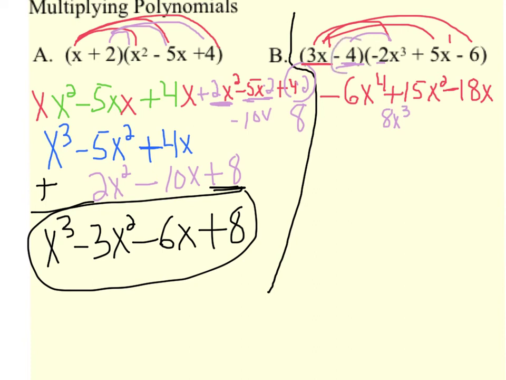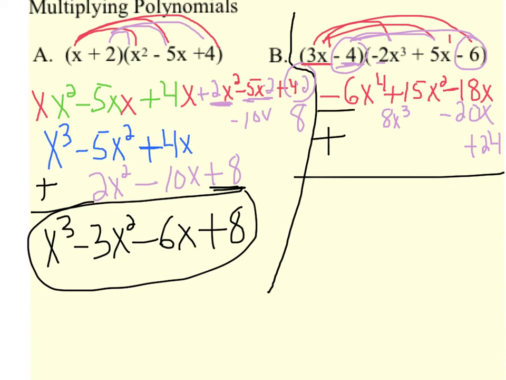Now, negative 4 multiplied to 5x. Negative 4 multiplied to 5 is negative 20, and the x stays with it. These will be partners. Lastly, negative 4 multiplied to negative 6. This equals positive 24. Now, I got kind of sloppy, I ran out of room, but let's add going down.